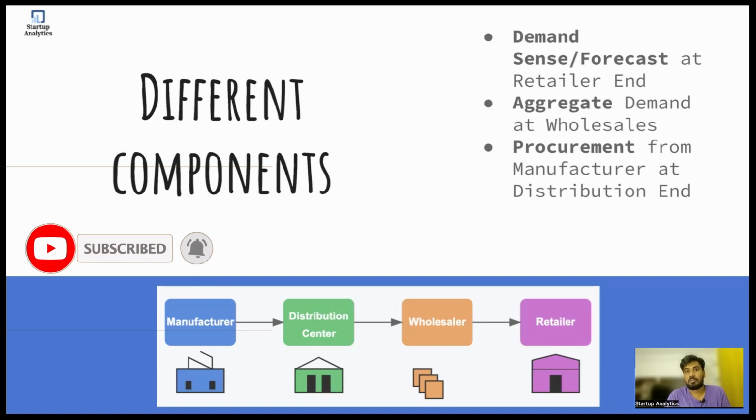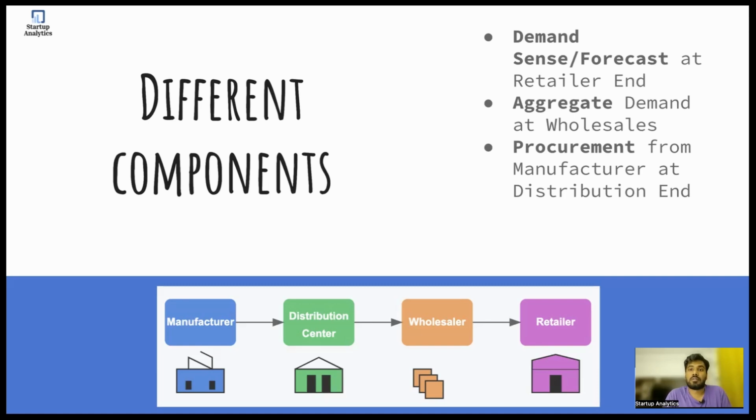Now, obviously, given this setup, it's very important that each different part is able to stock the right set of goods, or is able to procure and move the right set of goods. In the case of, let's say, the wholesaler, he wants to ensure that he's housing the right sort of products so that he's able to service all his retailers.